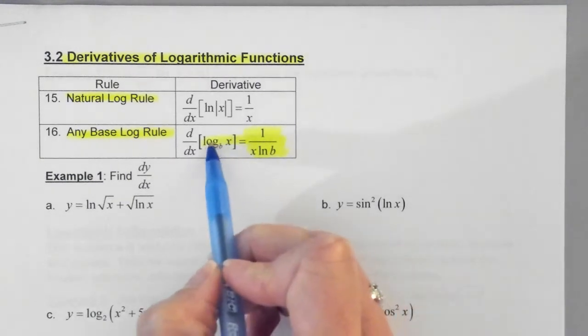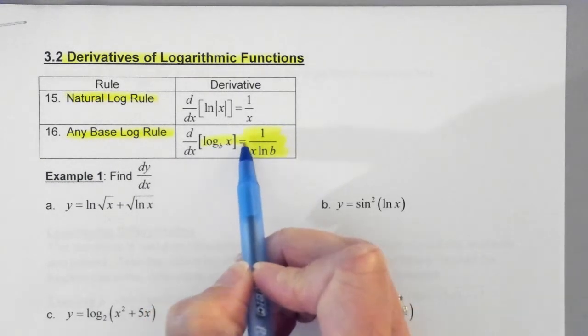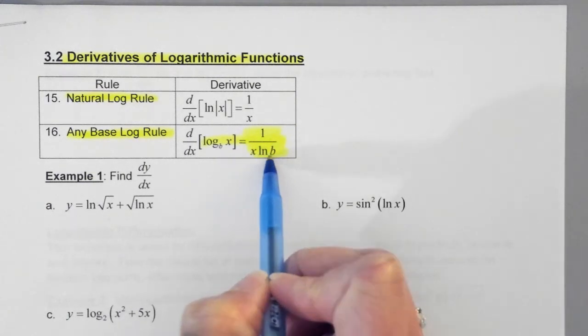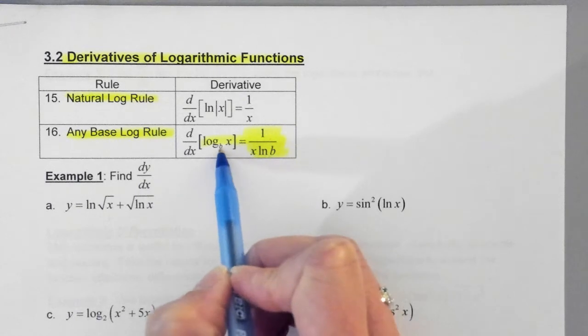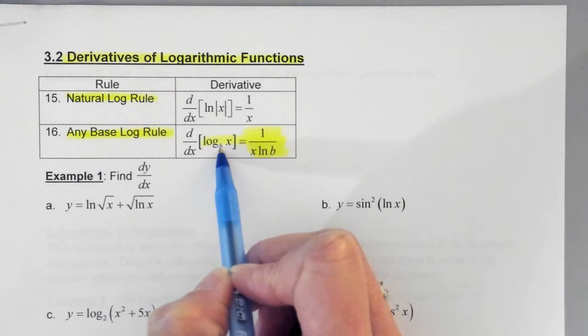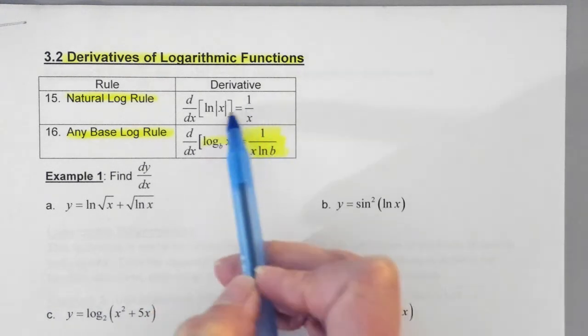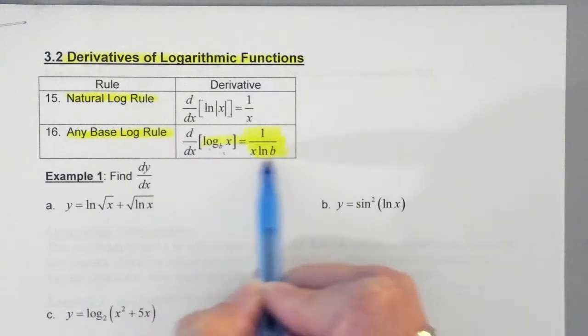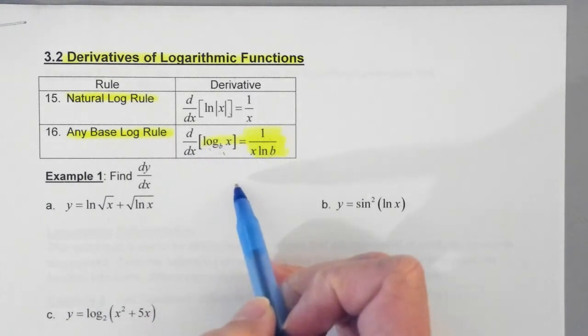So here, if you have log base b of x, this is equal to 1 over whatever you're taking the log of times the natural log of your base. So remember, this base could be anything. It could be a 5, it could be a 7, it could be a 10, it could be e. Okay, so you do need to know this. And again, this derivative is based on the change of base formula.